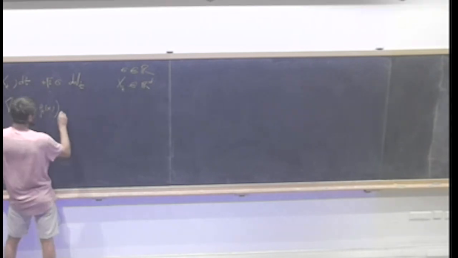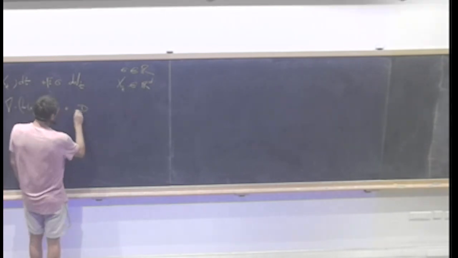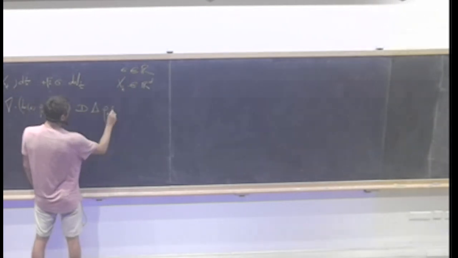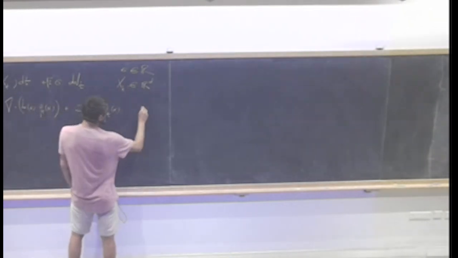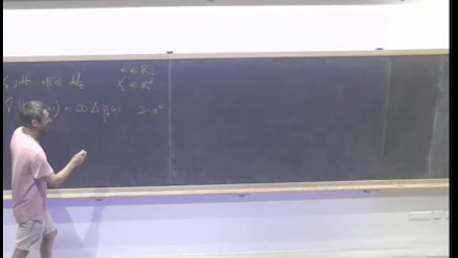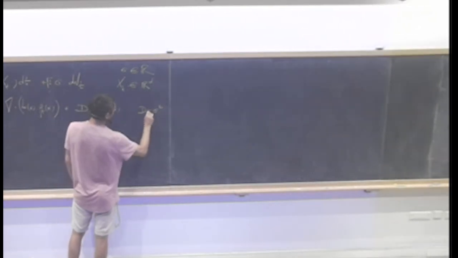Right, this is things that we discussed last time. And this is the Laplacian, and D is just sigma square in this case. More generally, it's going to be sigma sigma transpose when it depends on x.